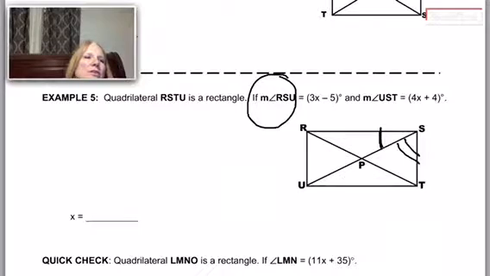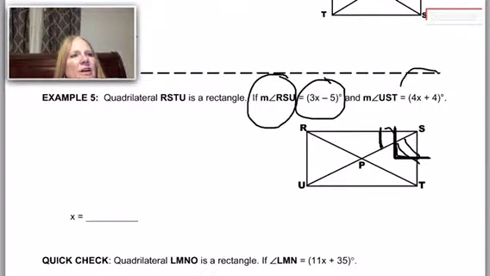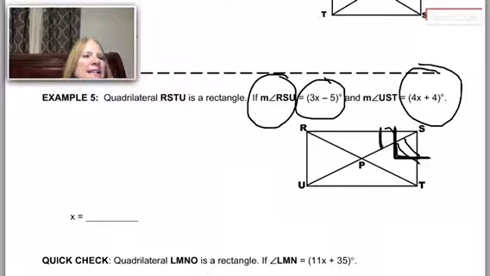Now, a lot of people want to tell me that they're congruent. Now, they're not necessarily going to be congruent. Only if it's a square would they be congruent. But we do know that it's a rectangle, and these two angles together have to be a right angle. So we're going to add 3x minus 5 and 4x plus 4 and set it equal to 90.